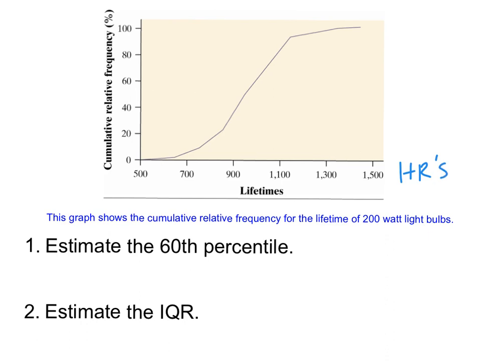All right, so we could use this to estimate where is the 60th percentile. Well, that's right over here. This is how this works. Draw a line over, straight over, till you hit the graph, and then go straight down.